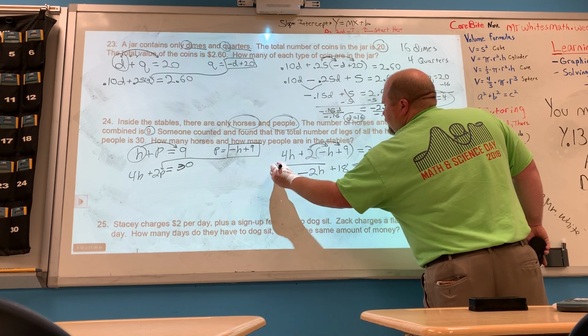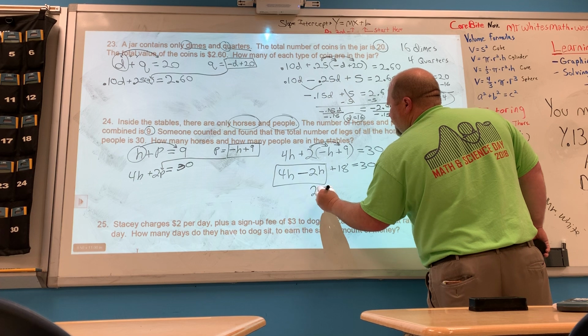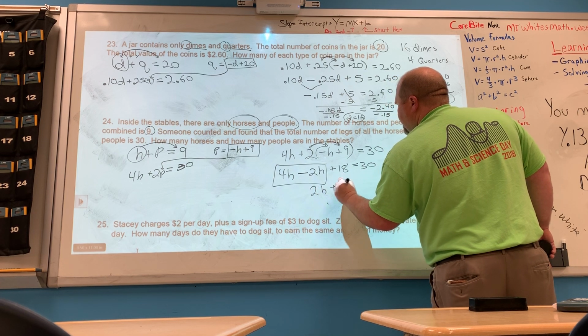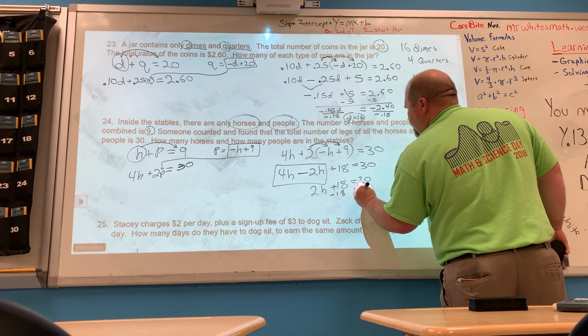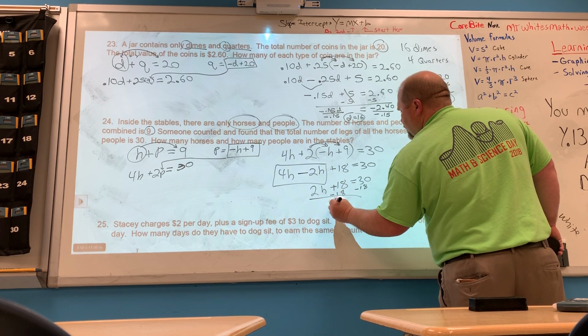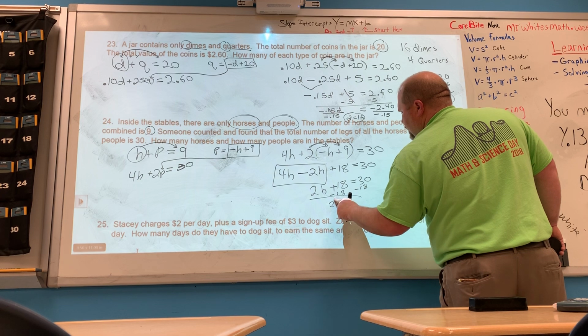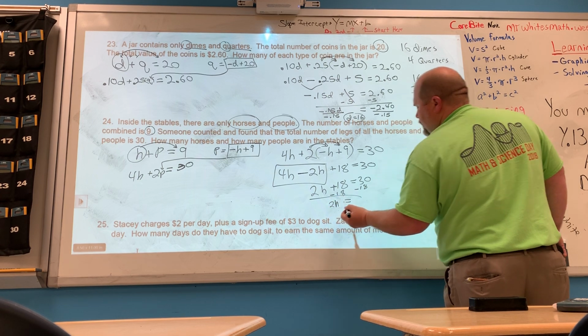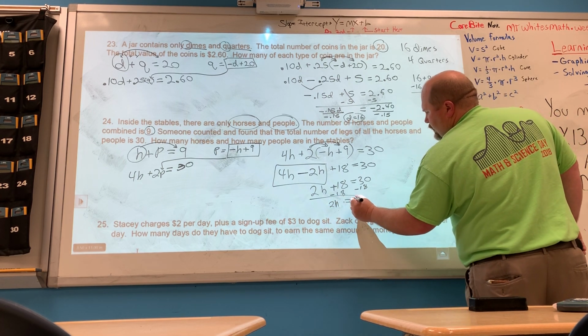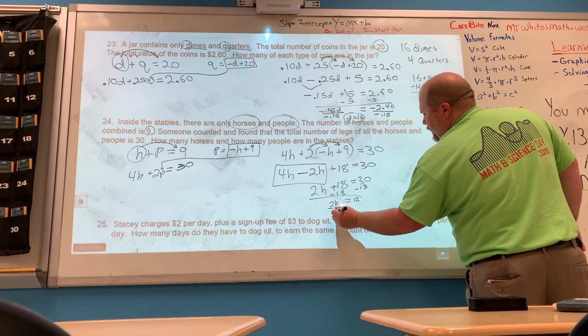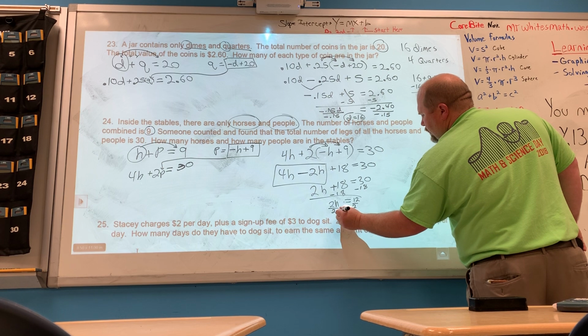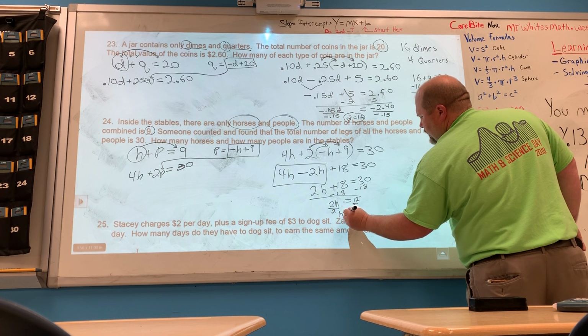We combine these like terms to get 2H plus 18 equals 30, minus 18 from both sides. We get 2H equals 12. Divided by 2, divided by 2, H equals 6.